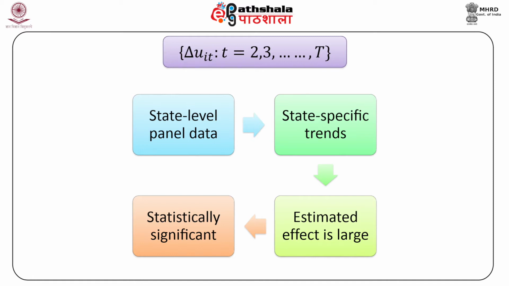That is, the limit as N tends to infinity of N1 by N is equal to delta, where 0 is less than delta less than 1. This condition is necessary for the consistency of the panel unit root test.